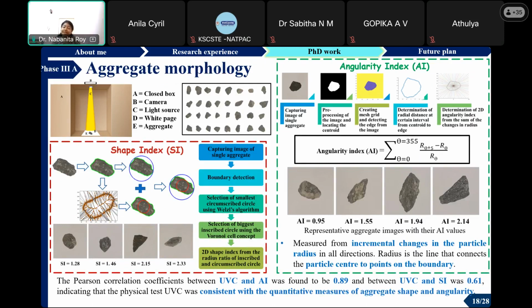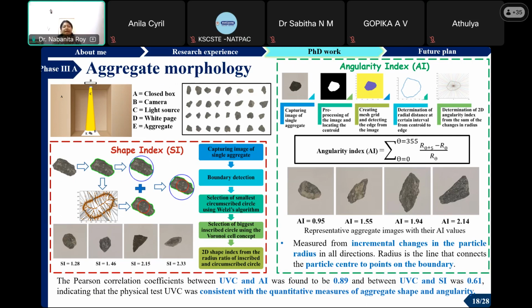From the top inside, on a paper I kept one individual particle and took images from the top using a top light and camera, right? So I collected all the individual aggregate images to study the aggregate morphology.